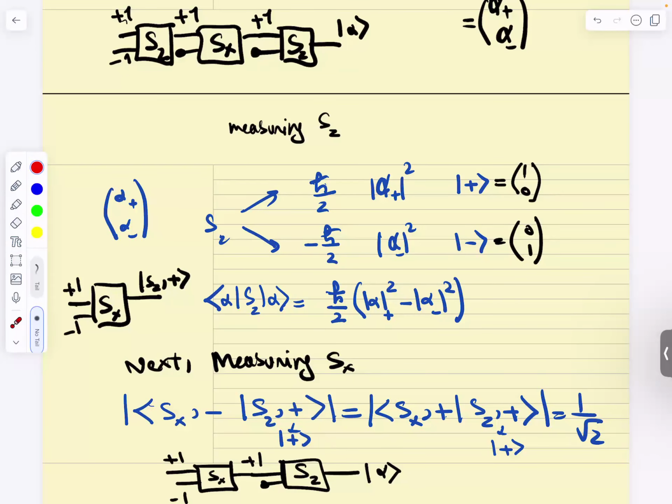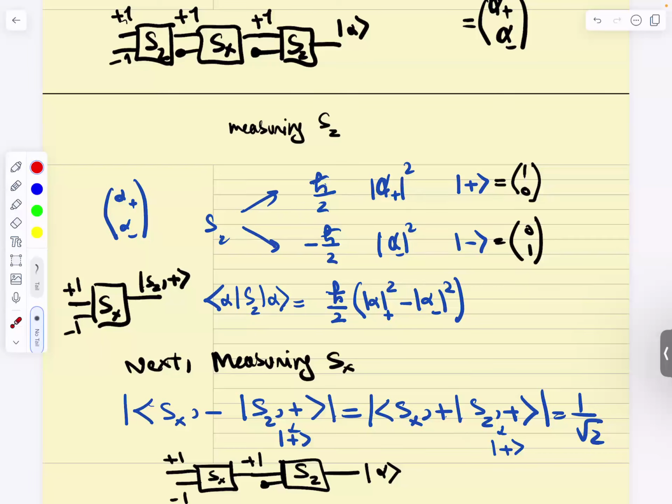You're going to get the result -1 for S of X with probability given by the bracket of these two vectors, the component of S of Z plus in S of X minus. This is the negative eigenvector of S of X. You get the result plus with this bracket.